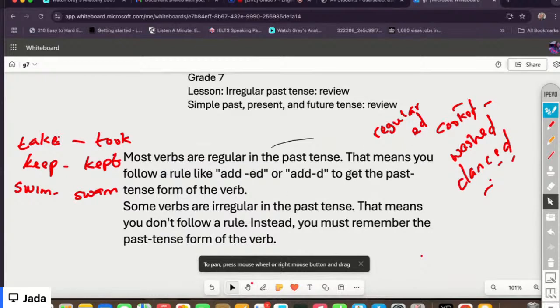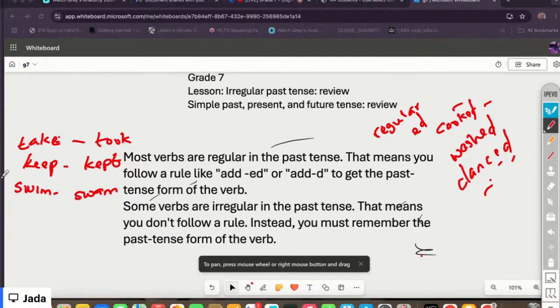So moving on, let's get some examples. We have go, went.